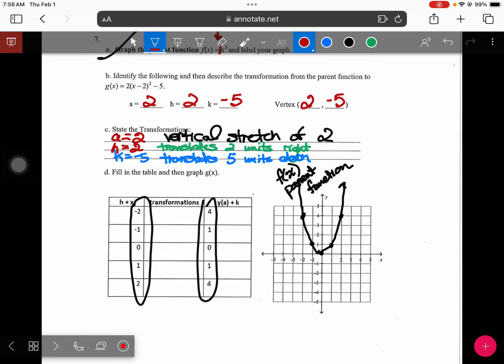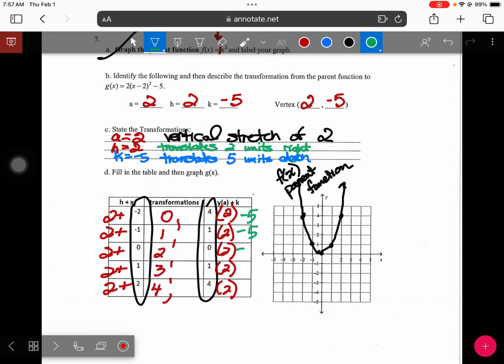All right, H is 2. Add 2 to the x values: 2 plus negative 2, 0, 1, 2, 3, and 4. Those are my new x coordinates of my new parabola. Times A, that's times 2, then minus 5.